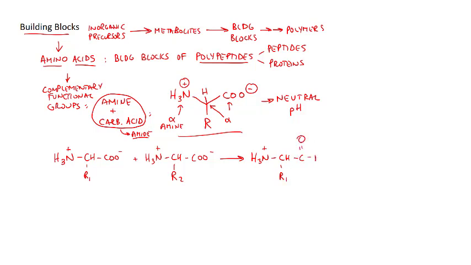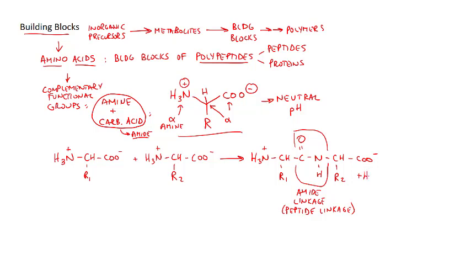Our carboxylic acid loses an OH, and we are left with an amide linkage. And in biochemistry, we call this a peptide linkage for reasons that have never been fully clear to me.